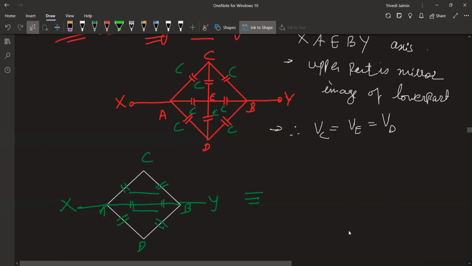These two will be in series, these two in series, these two in series. C plus C by 2, 1 by C plus 1 by C, C by 2. Okay. So we will get it like this. C by 2, C by 2, C by 2.